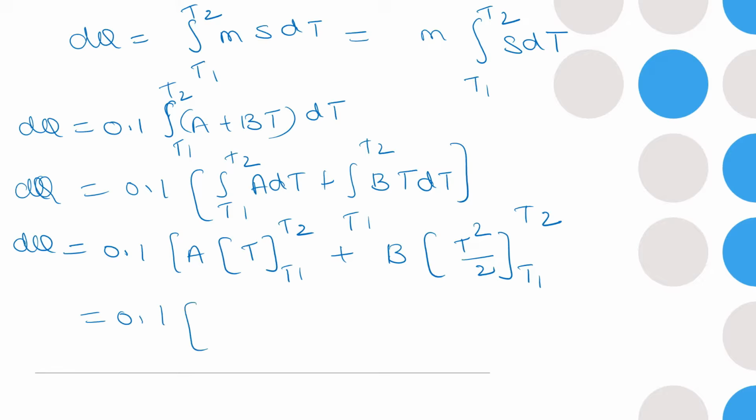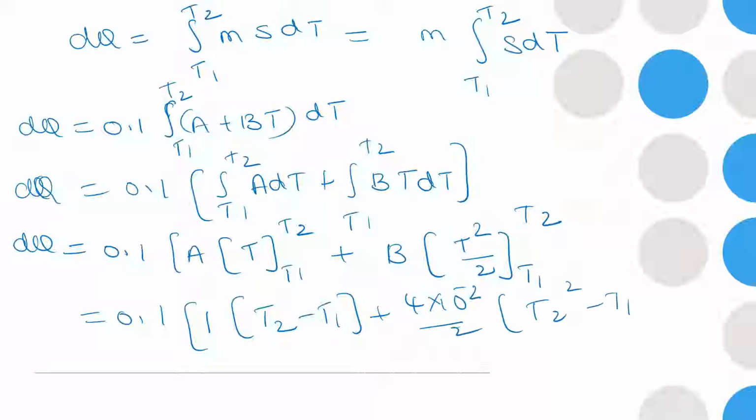Substituting A and B values in this, we get 1 into, applying the limits, T2 minus T1, plus B, which is nothing but 4 into 10 to the power of minus 2 by 2, with limits T2 squared minus T1 squared.